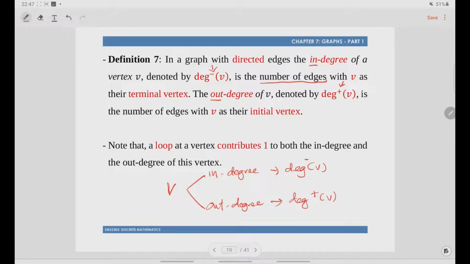Note that a loop at a vertex contributes 1. Previously, in an undirected graph, a loop contributes twice. But for the directed graph, a loop at a vertex contributes 1 to both the in degree and out degree of this vertex.